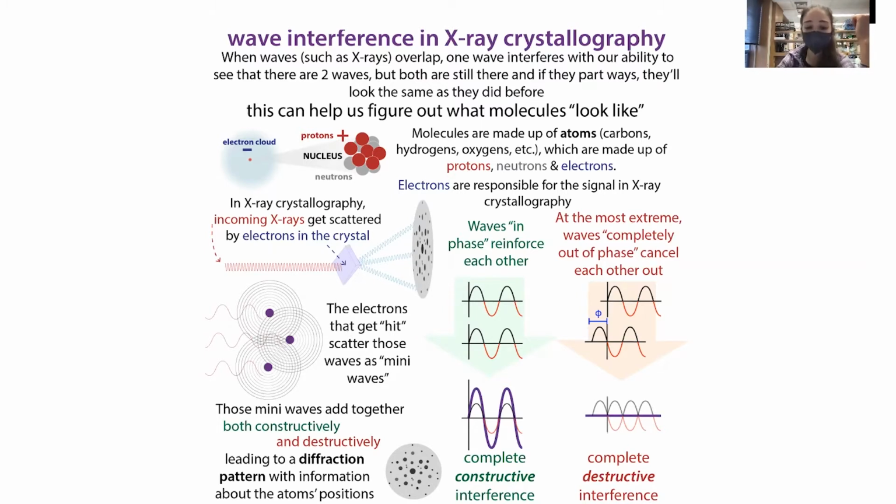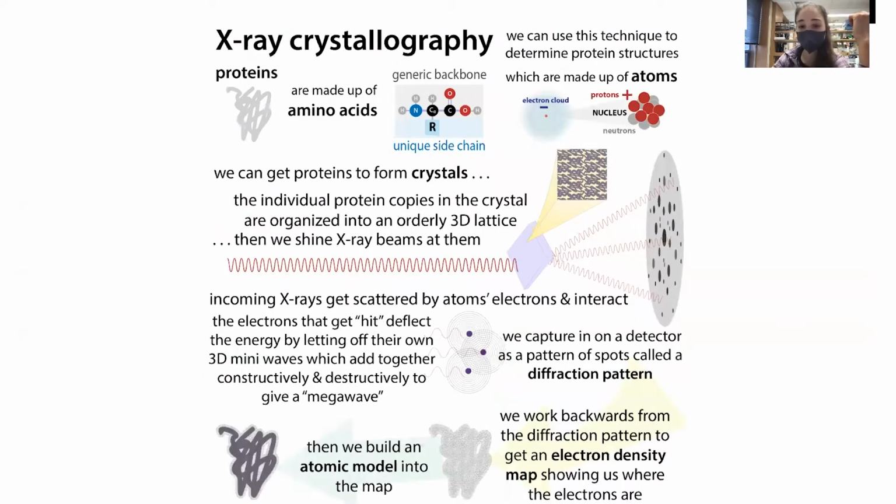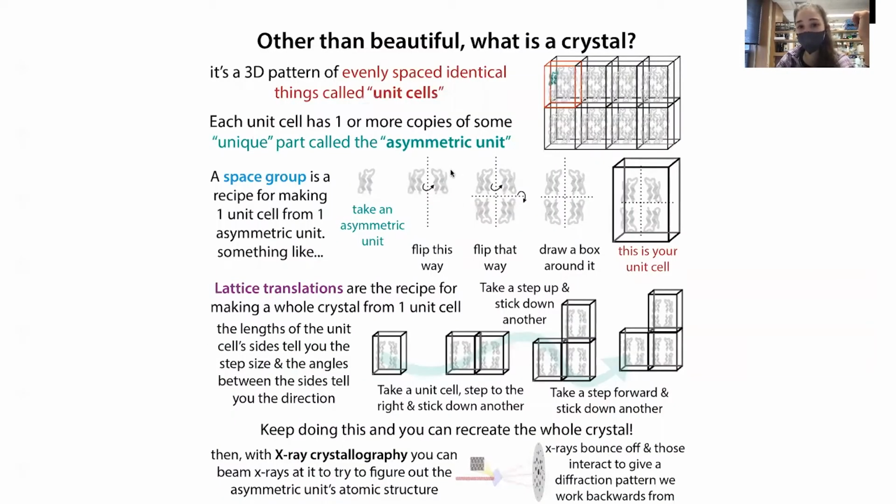One way to do this is crystallography, where you get the molecule to form crystals, and you have this symmetry throughout, because it's kind of like a brick wall. So through crystallography, the molecules are arranged in the exact same way throughout the crystal.